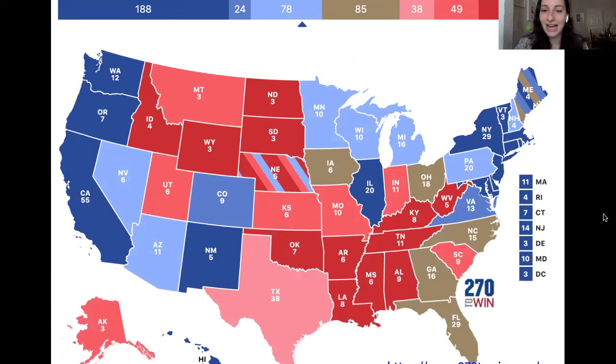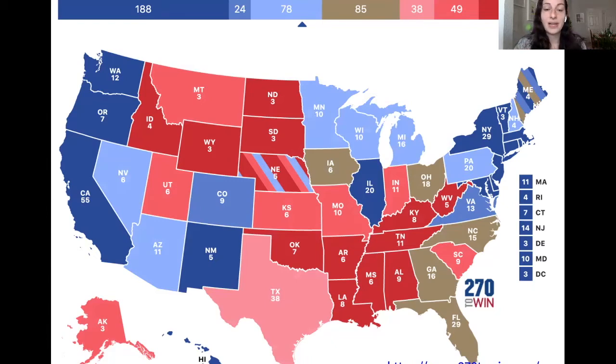On the other side, we have these different shades of red and pink. Texas here is a light pink. They are leaning towards voting for Donald Trump, so they're leaning towards sending their 38 electors to the Electoral College to vote for Donald Trump.